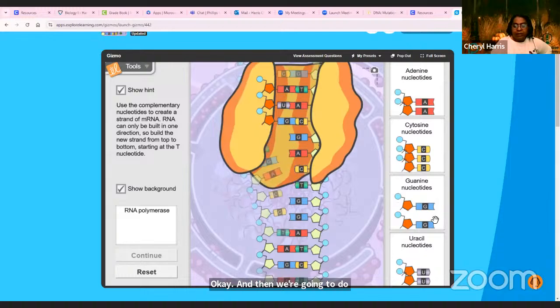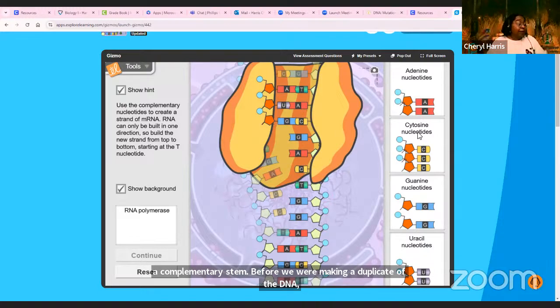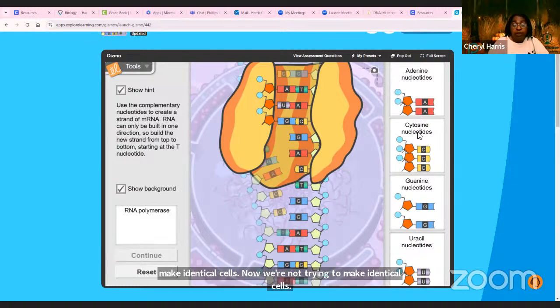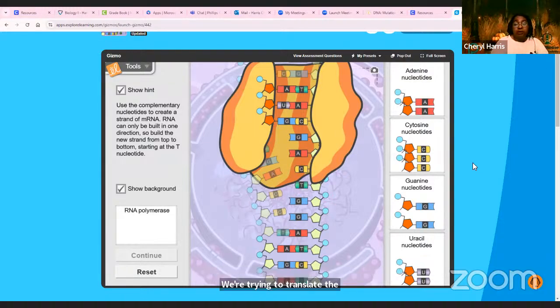Just like the last time, we're going to have to make a complementary strand. Before, we were making a duplicate of the DNA for the purpose of mitosis and meiosis so that we can make identical cells. Now we're not trying to make identical cells. We're trying to translate the information. So this is different to mitosis and meiosis.